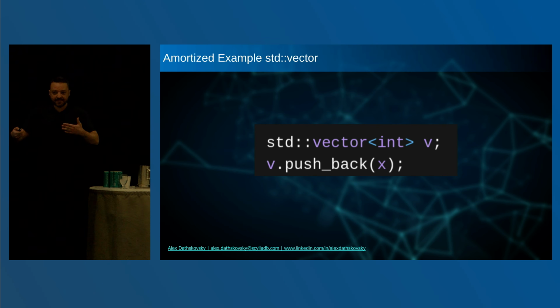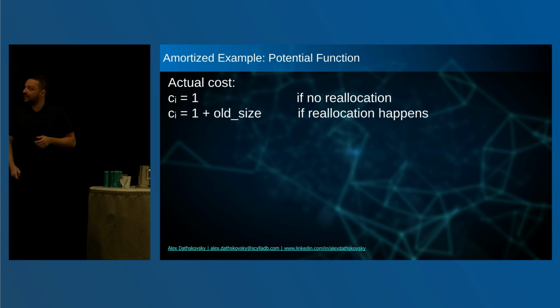If a vector reallocates, it needs to copy all the data from the old location and add the new variable. The capacity of the vector grows by 2, which means we are growing exponentially. Think about it: it's not constant anymore. You need to copy.